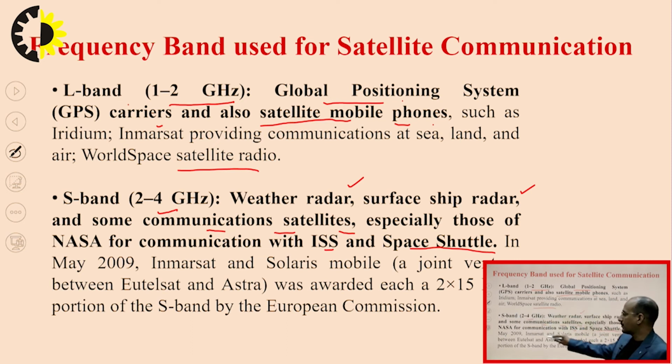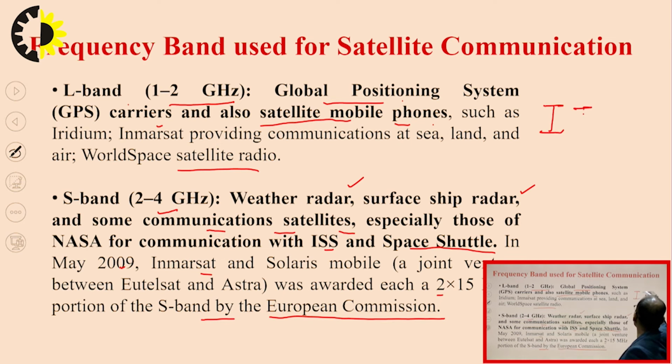This is a specific fact that in May 2009, Inmarsat and Solaris Mobile, a joint venture between Eutelsat and Astra, were each awarded a 2 times 15 megahertz portion of S band by the European Commission. Actually, this point arises from the ITU, International Telecommunication Union.